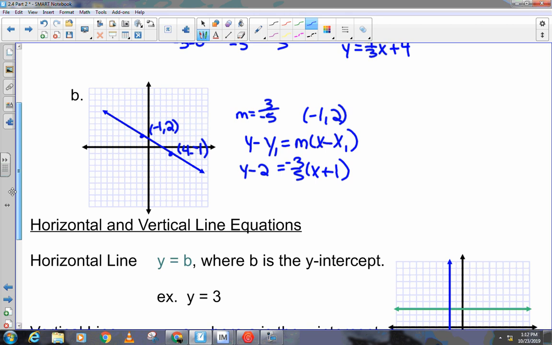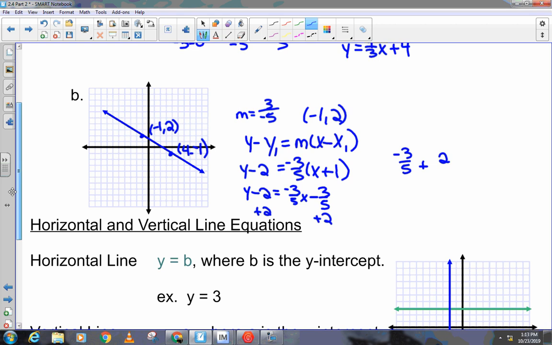Okay, so I'm going to distribute: y minus 2 equals -3/5 x minus 3/5. And then I have to add 2 to both sides. So we have to do -3/5 plus 2. Now when adding fractions, what's the main thing you got to remember? Common denominator, right?